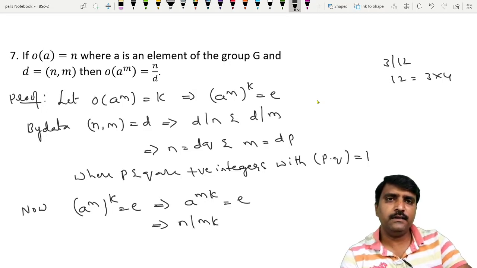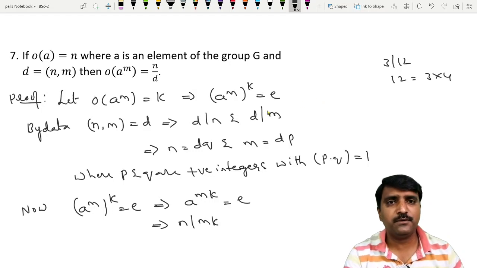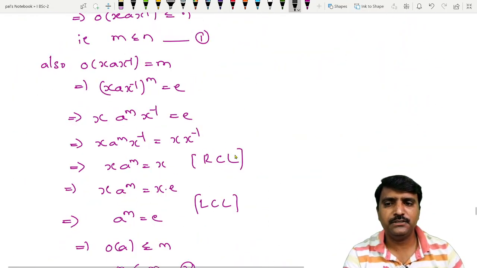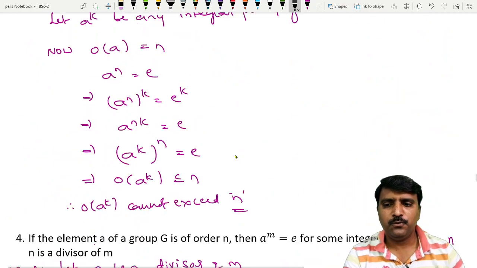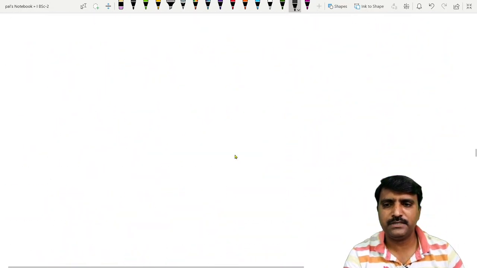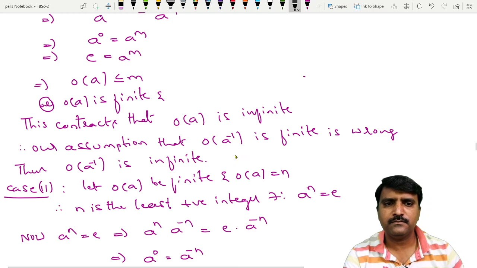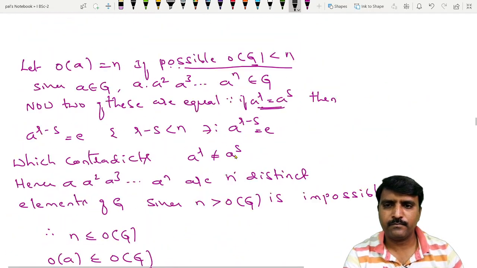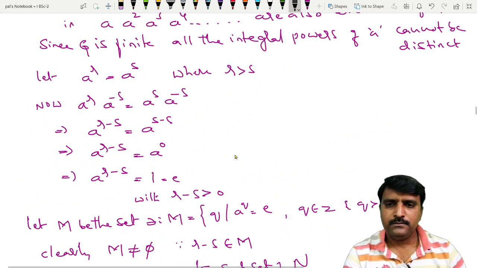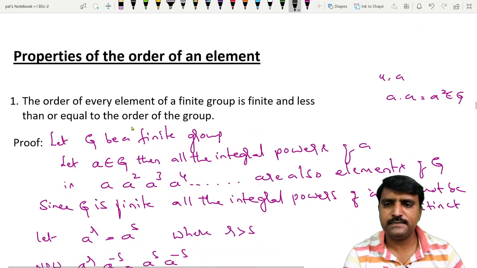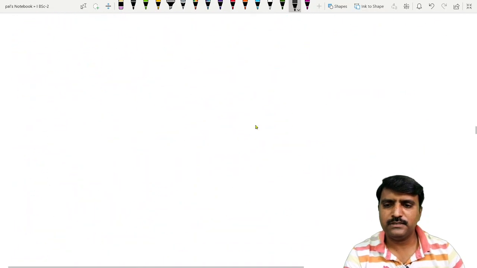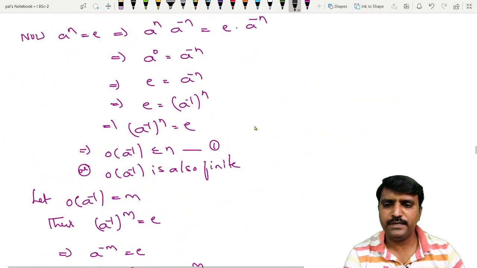So here I am using the first property of the order of an element. Let us show the property now. I think it is the third property.